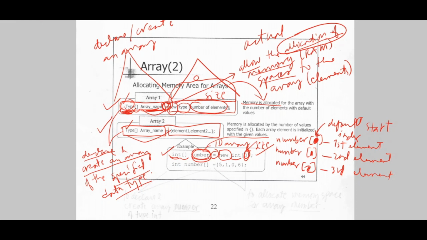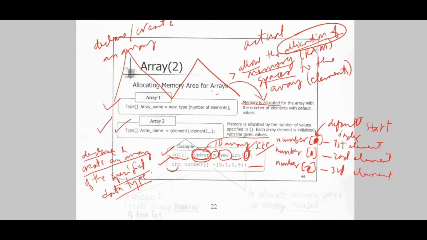An example of that is the second line here in the example. What we did in the second syntax is that instead of using the new operator to allocate memory spaces to the array, we allocate memory spaces depending on how many elements are listed here.